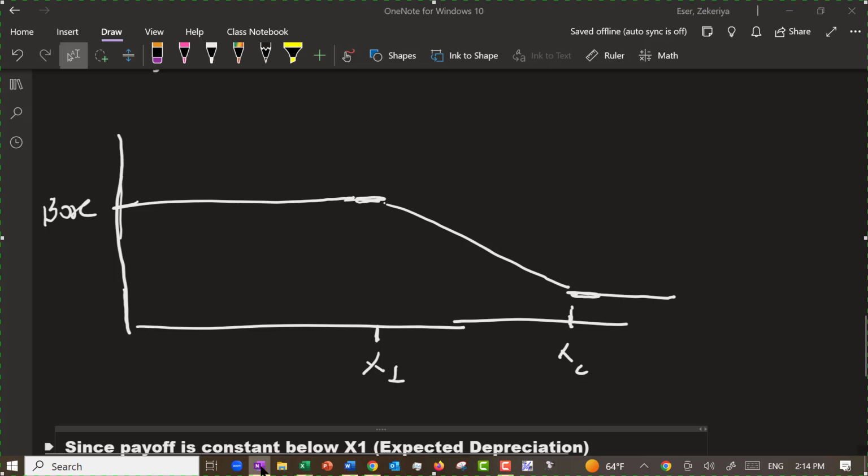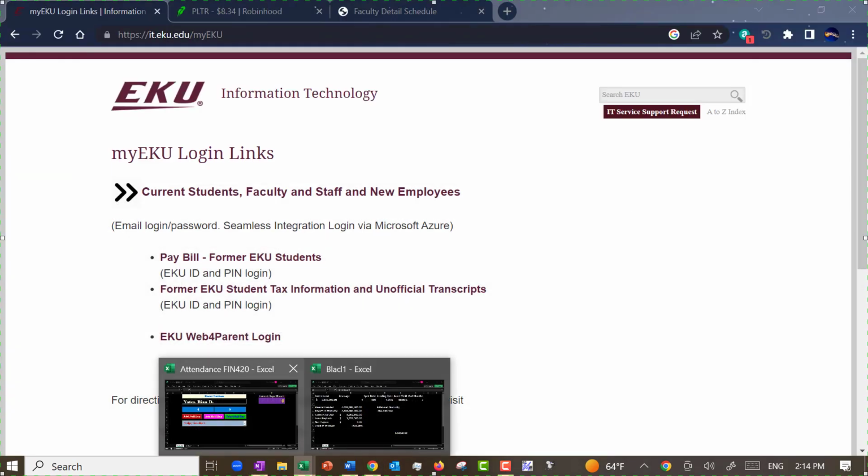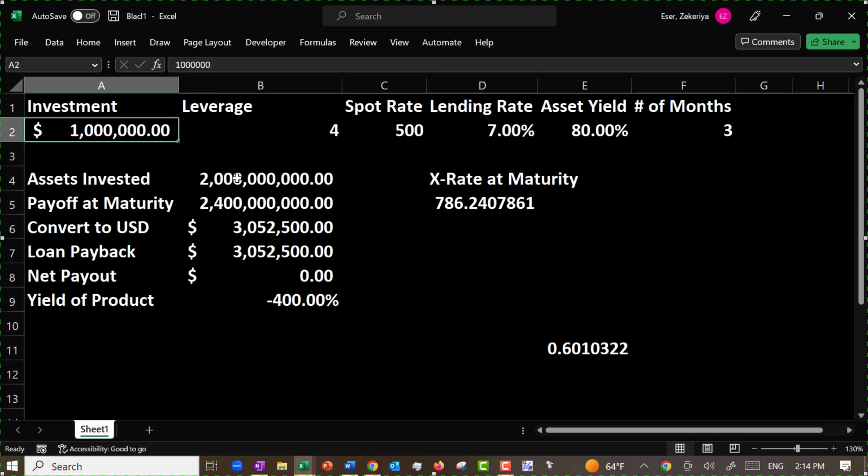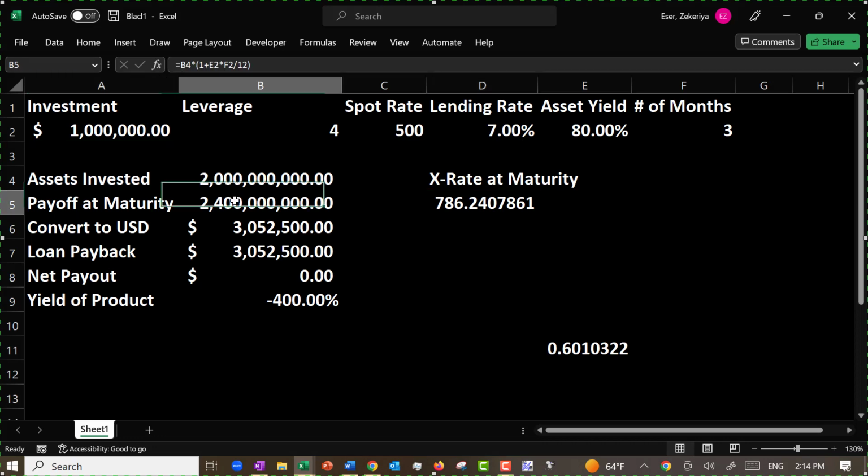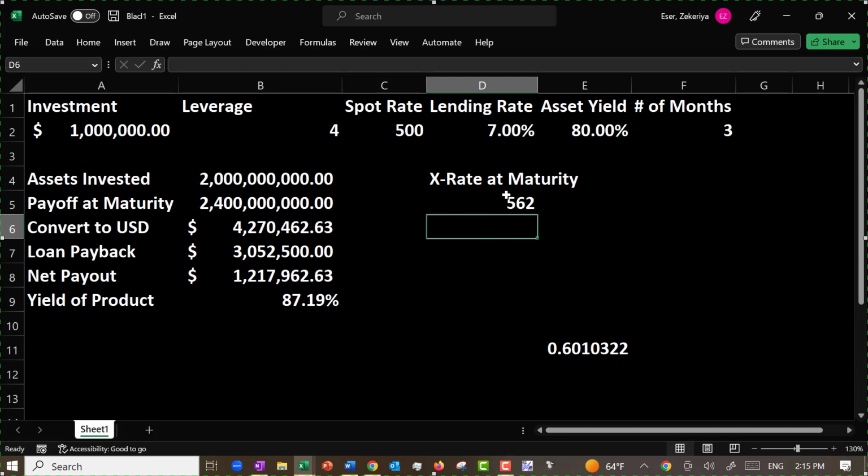That 1 million is going to be equal to 2.4 billion Turkish liras at maturity. Let me see. Below 562, I'm going to act as if I'm paying 562. That's what I mean by 87% yield.